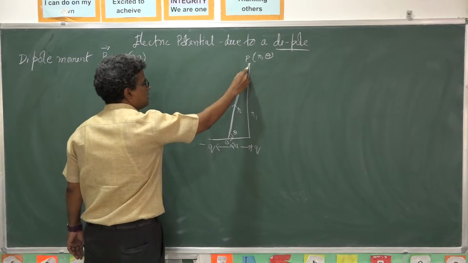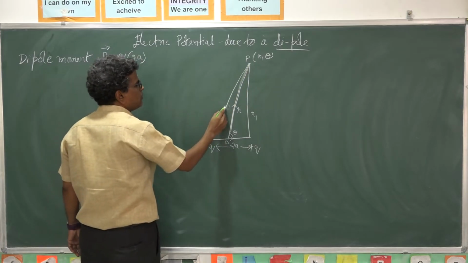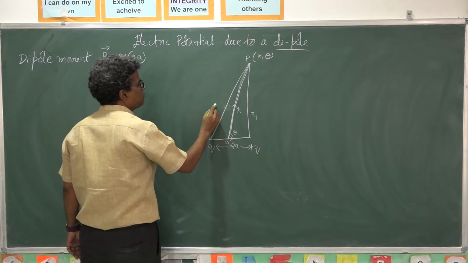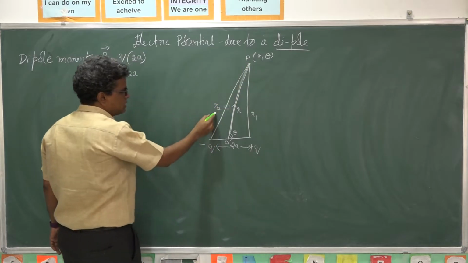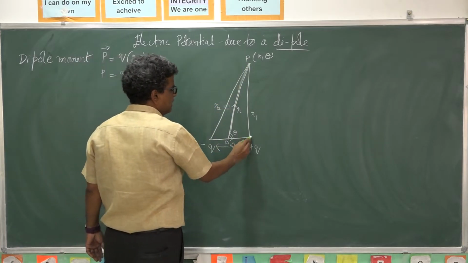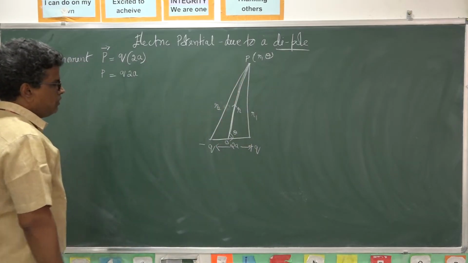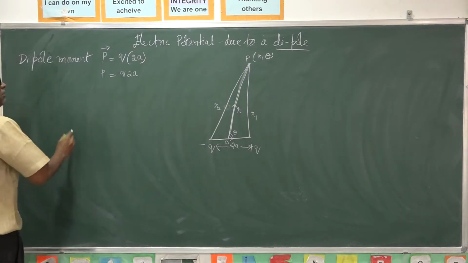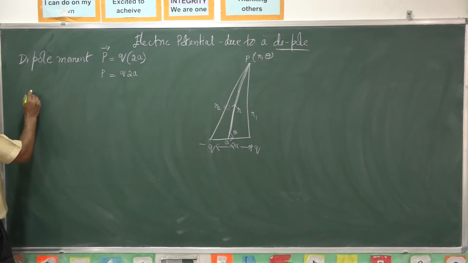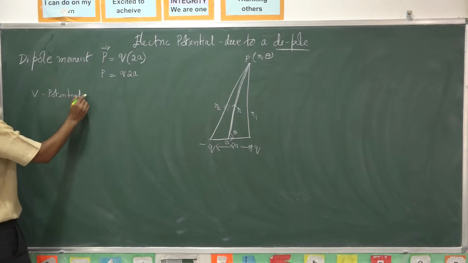This point P is at a distance r2 from minus q, and at a distance r1 from plus q. Now we want the potential here, so let V be the potential at the point P.